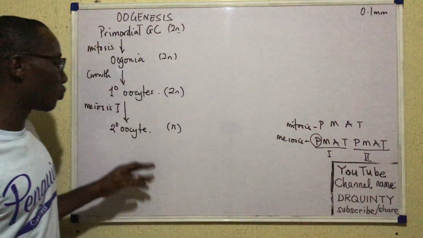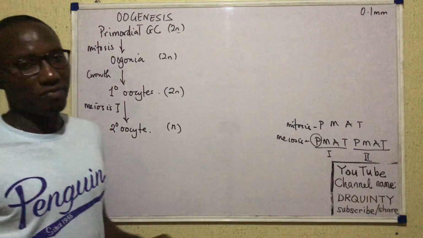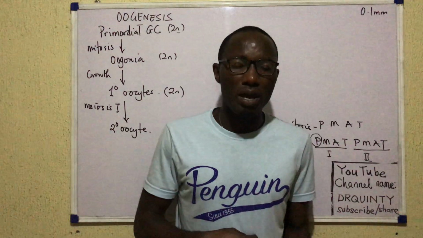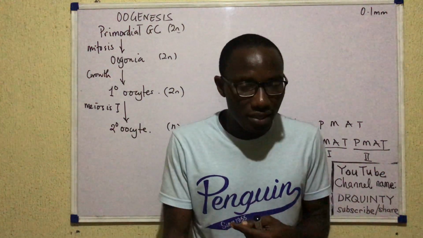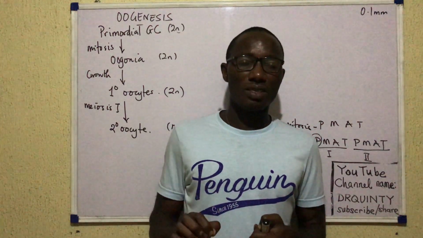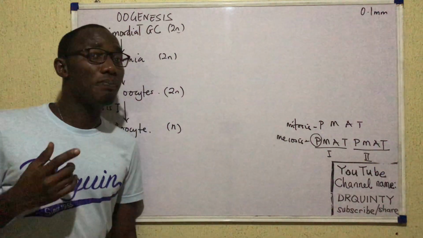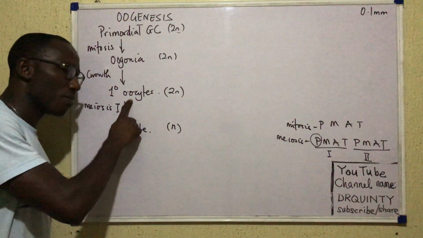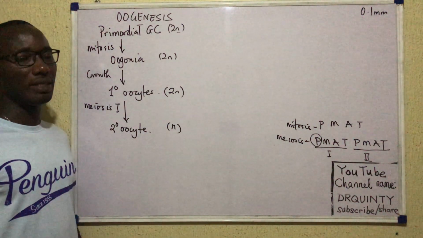That's what we have in a young girl of say 4 or 5 years old that has not reached puberty. She's carrying primary oocytes already, and those primary oocytes have started meiosis 1, but that meiosis has been arrested at prophase 1. By puberty, every month, one of these primary oocytes gets selected for development.